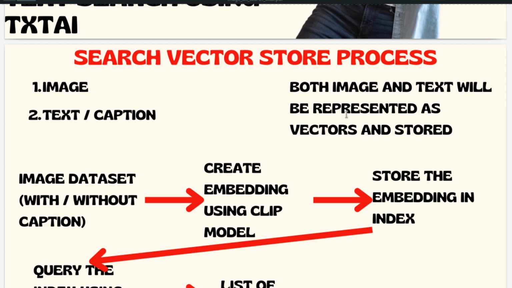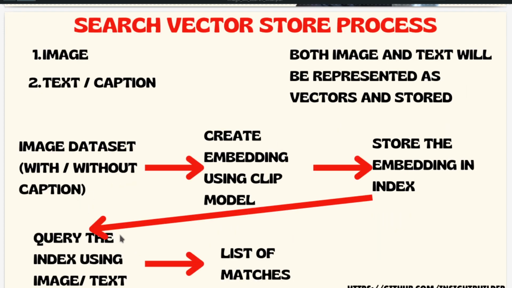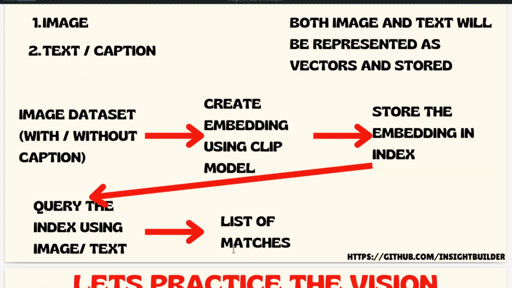You must have understood the embeddings of both image and text, and creating the indexes, and then you must right now understand how to use image and text for searching the index and getting the list of matches. We also saw the challenges if you are going to use the SQL query method. If you are going to use an image inside the SQL query, it was not working, as I already demonstrated.